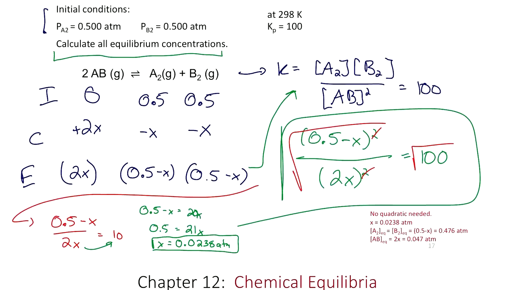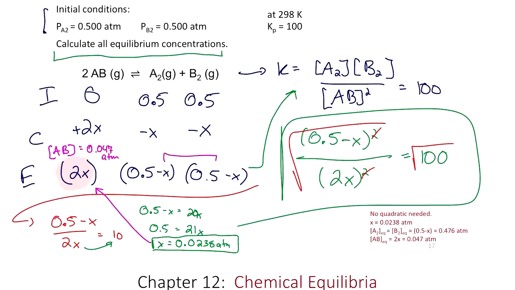What we do have at equilibrium is actually a 2x amount of AB. So I'm going to shove this x back into the E line to get the actual concentrations at equilibrium. So AB is not equal to x pressure, it's actually a 2x pressure. So it's equal to 0.047 atmospheres, double that x value.